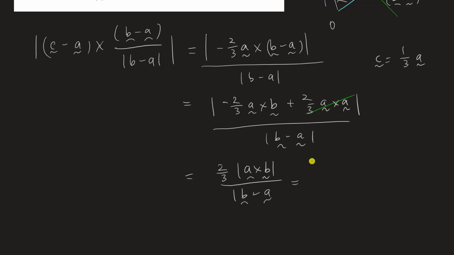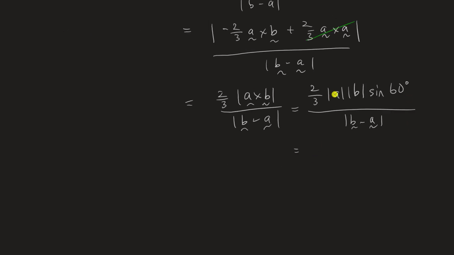What is A cross B? A cross B is mod A, mod B sine 60 degrees. Mod A is 3B. So the 3 is going to cancel off with this 3. The B is going to combine with this B to give you 2 mod B square.